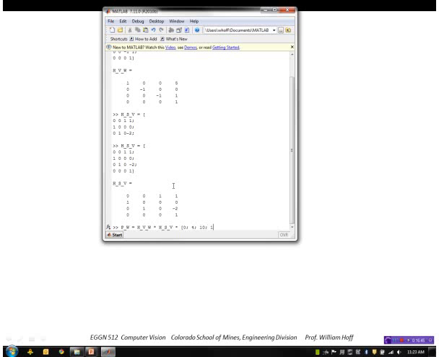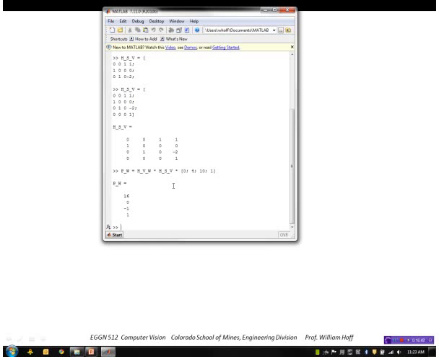Okay, so we get that the point in the world is x equals 16, y equals 0, and z equals minus 1, which kind of makes sense from looking at the picture originally.